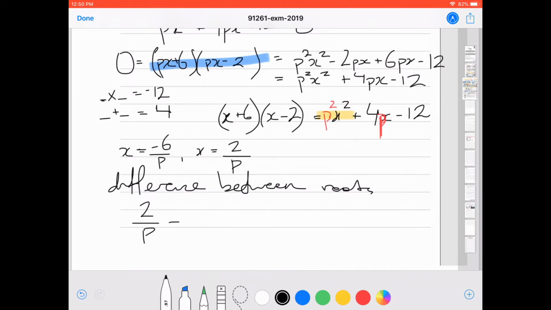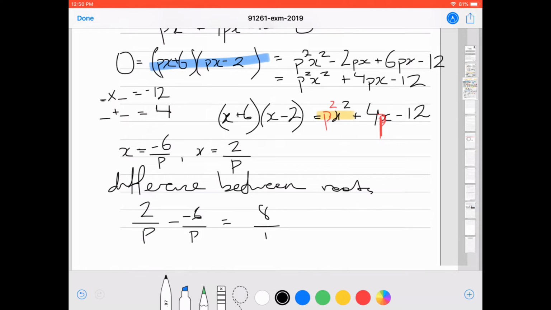So it's going to be 2 over p minus 6 over p. And so our denominators are the same, so we can just go ahead and subtract. Minus makes it positive, so 2 over p plus 6 over p, it's going to be 8 over p.